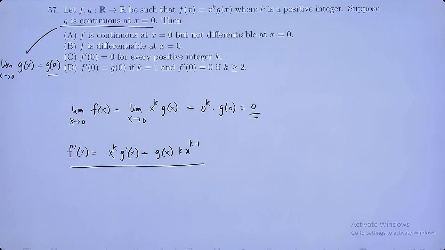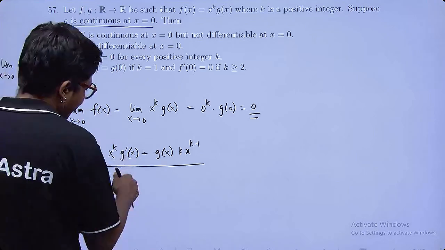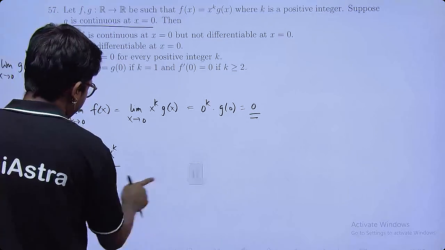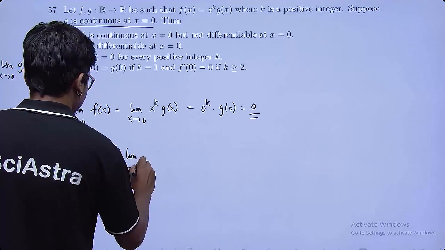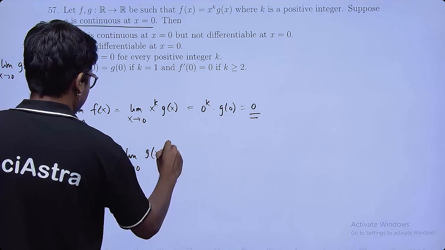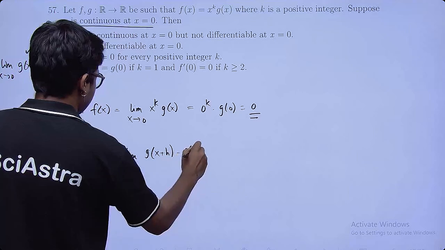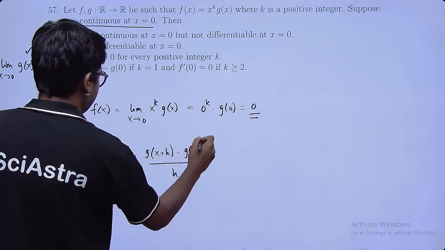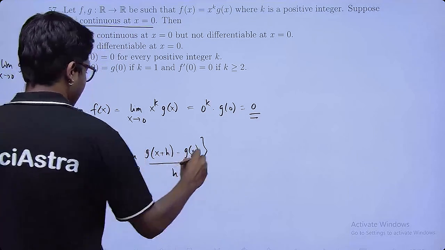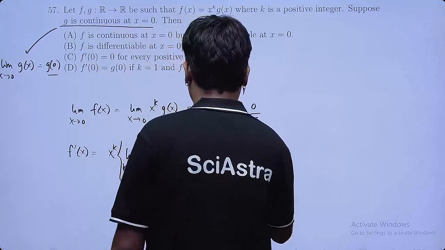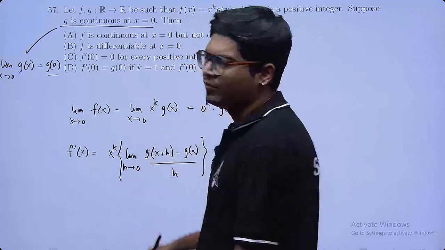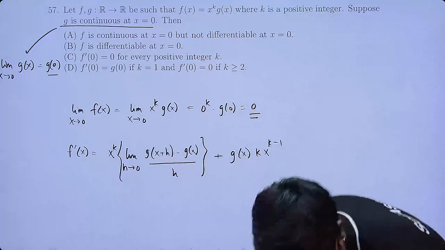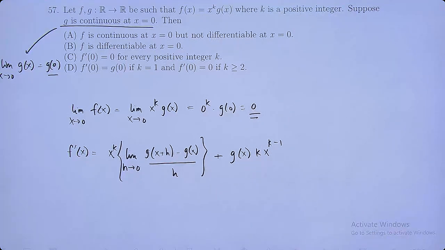Okay, we have done one such question in 50 important questions, right? Even if I don't know whether g is differentiable or not, I can write g prime as this limit, right?